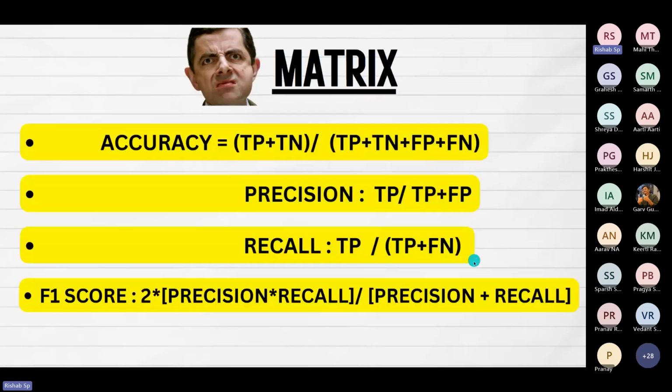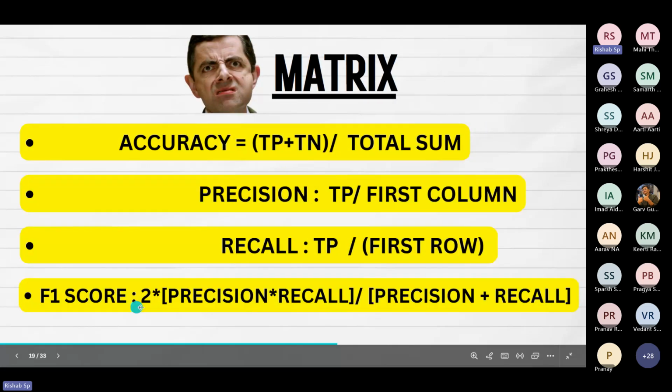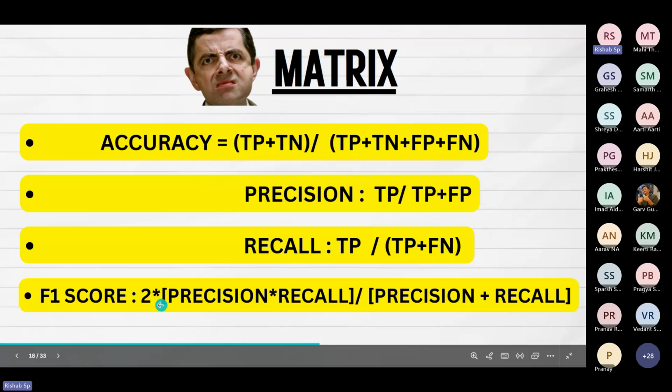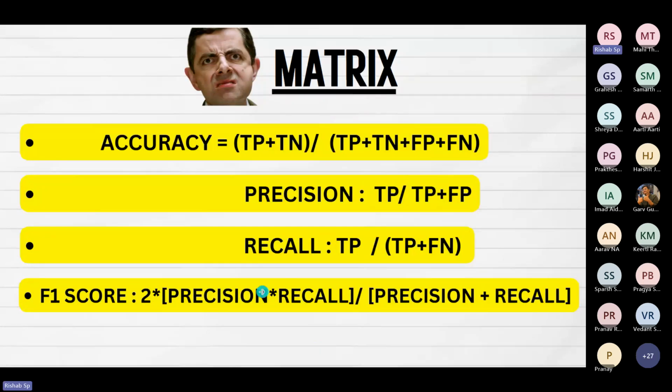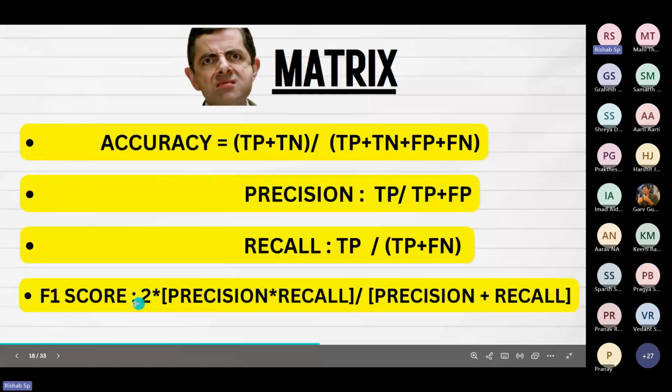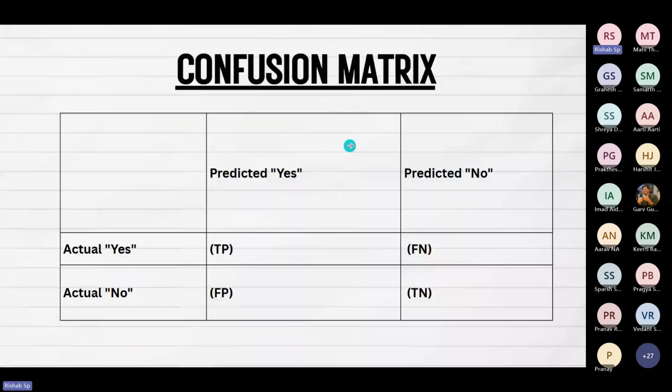And the fourth is the F1 score, which is 2 into precision into recall divided by precision plus recall. First we find these values, then put them here, and you will get the F1 score. These can be the 4 expected questions from this confusion matrix.